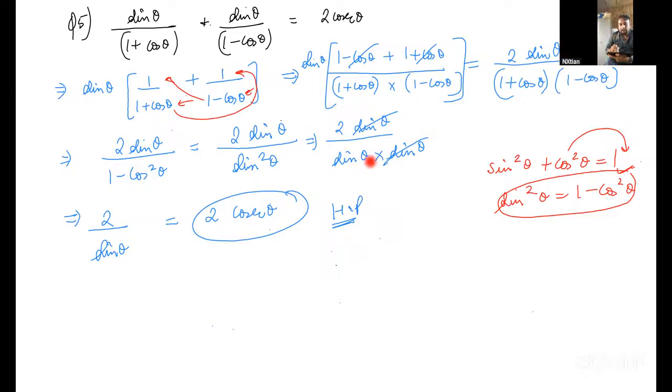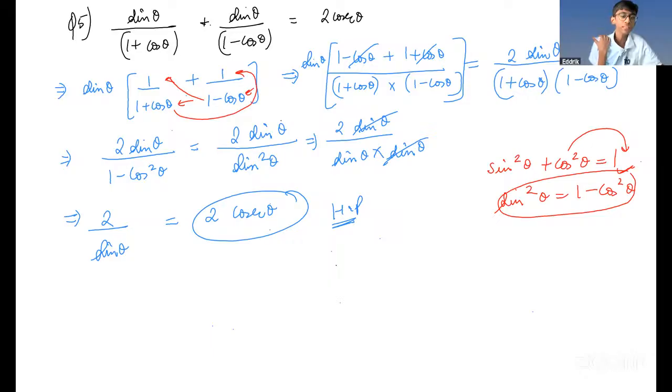But guys, if in between it is a plus sign, then you can't cut. Why? Because now in the denominator there are two terms. Did you understand? So like sine theta into sine theta, then sine theta and sine theta will cut. Sir, even if it was plus we could have cut.